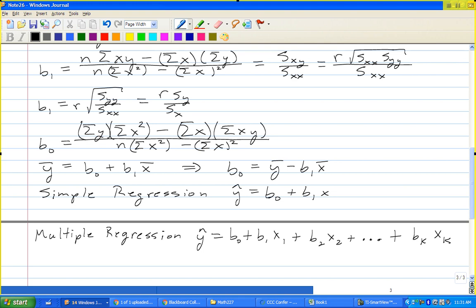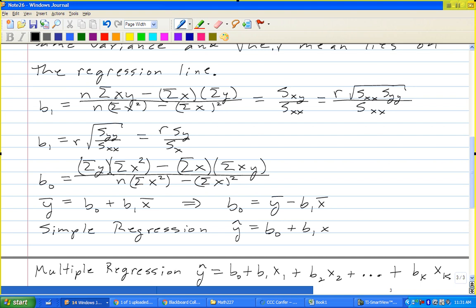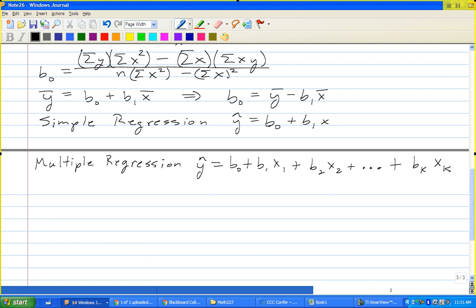Now, maybe I'll write the equation for simple regression. So rather than have solved it, let me write the equation. It's actually sometimes easier to solve, well, usually it's easier to solve than the actual formula I just gave you.